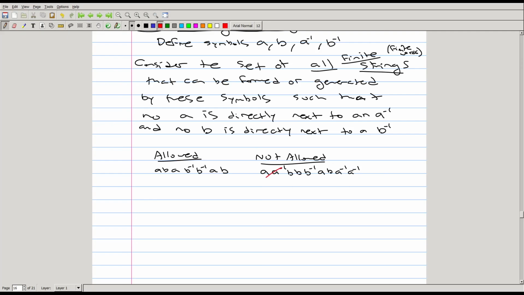And this is not allowed because of these two next to one another and these two next to one another.